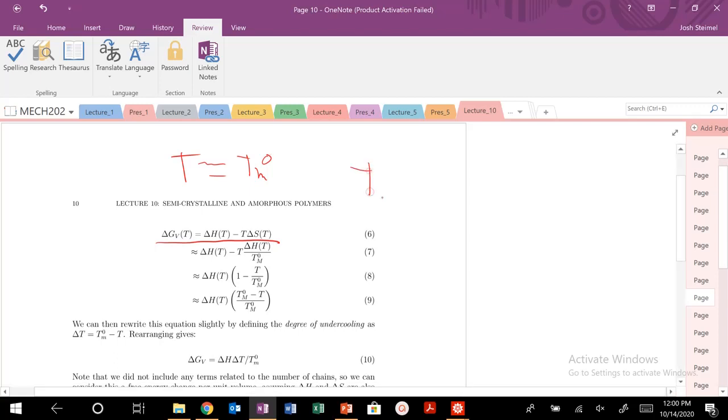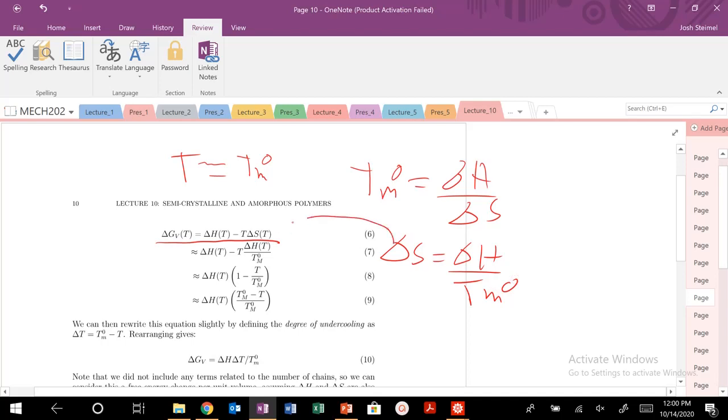You just had the expression previously that Tm naught is equal to delta H over delta S. So if we plug that in for delta S and rearrange, delta S is equal to delta H over Tm naught. We plug that in right here, rearrange, and we get this term right here.